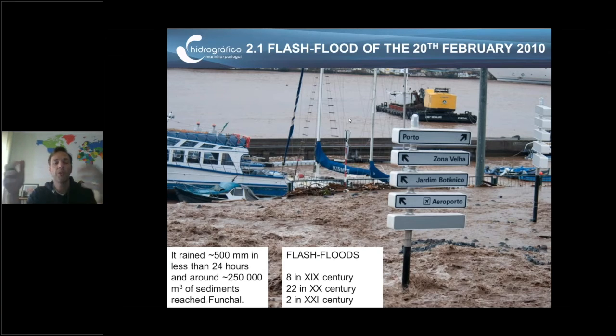And historically, we have examples of a lot of flash floods occurring in the past: 8 in the 19th century, 22 in the 20th century, and already 2, including this one in 2010, in the 21st century. So this suggests that the triggering mechanism of the turbidity currents in the canyons is probably these hyperpycnal flows.